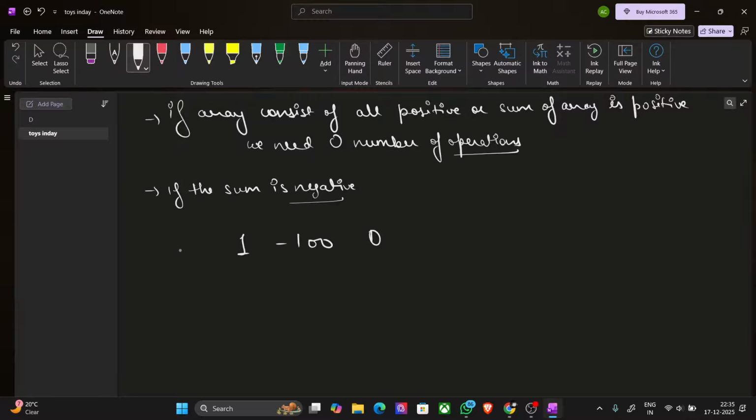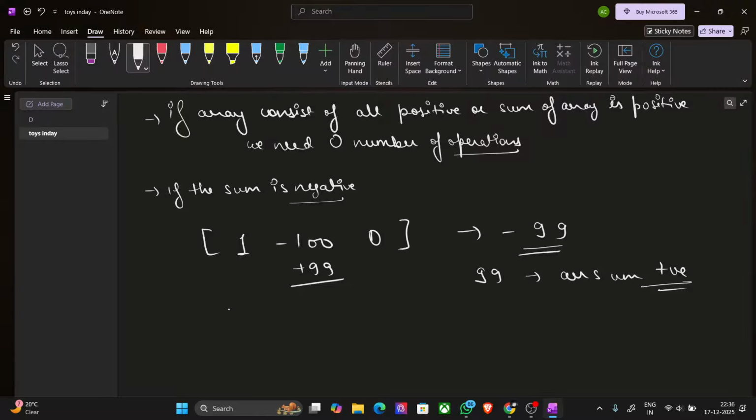In this the sum is minus 99. So I need 99 more to make the array sum non-negative, right? So what I can do is add plus 99 to this element.